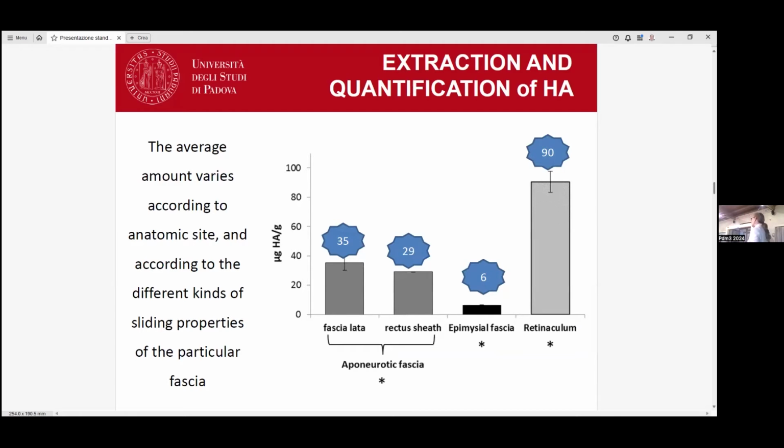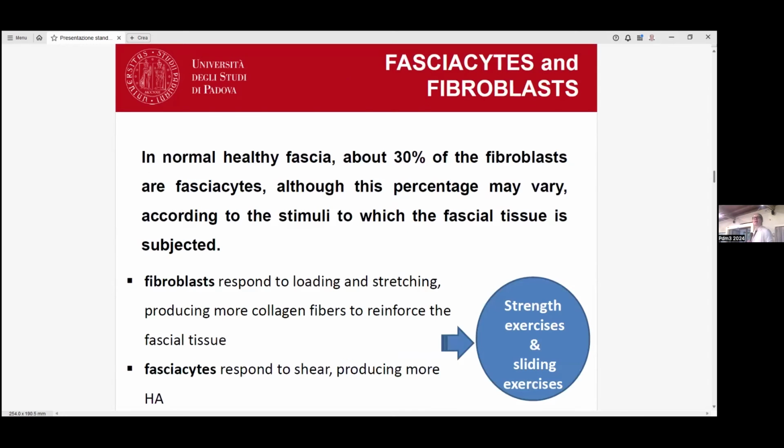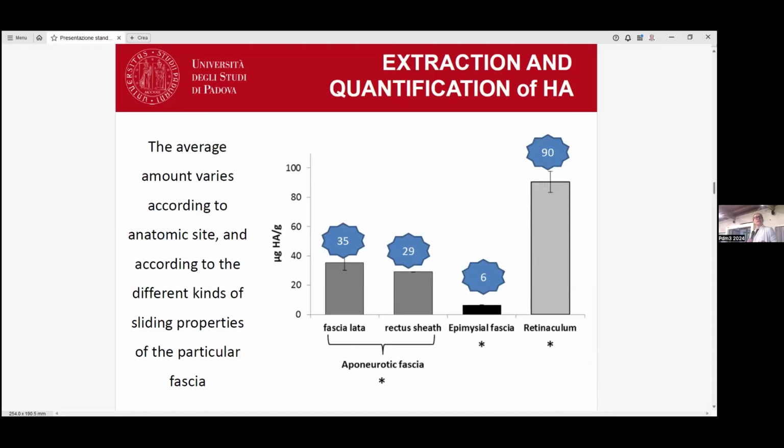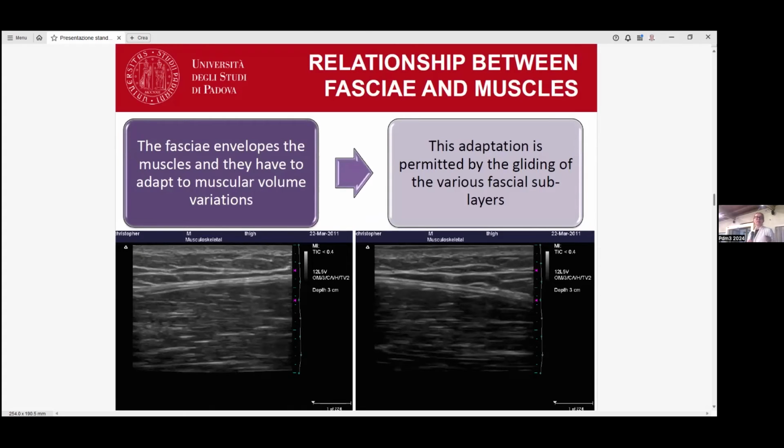And we were surprised that that quantity is pretty constant in all the different persons. Here I have a video, but unfortunately I'm not able to share it. But with the ultrasound, and maybe Carmelo then can show you better, we can analyze the ability to glide of the different fascia.